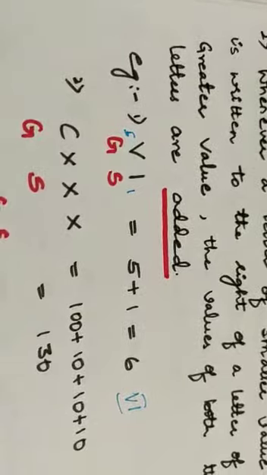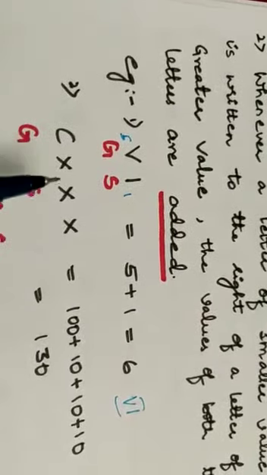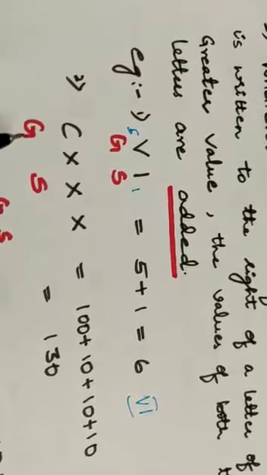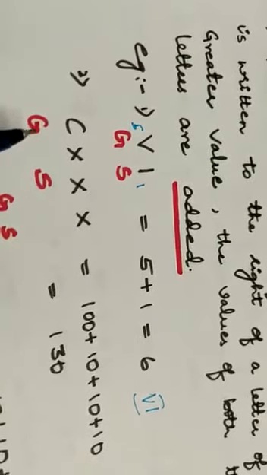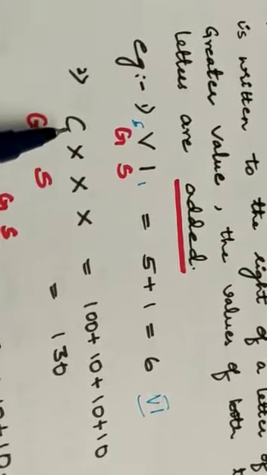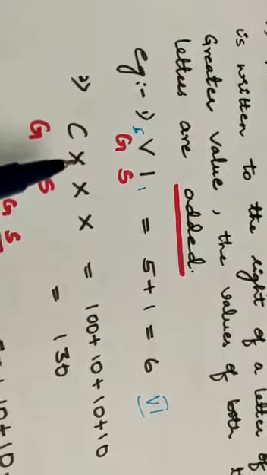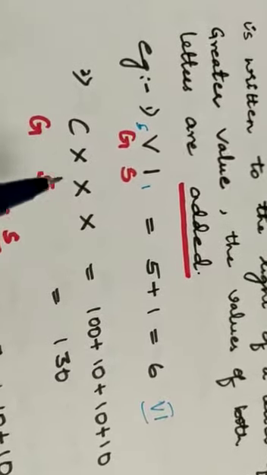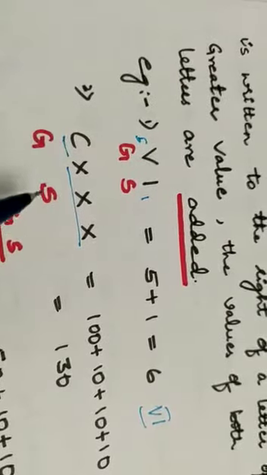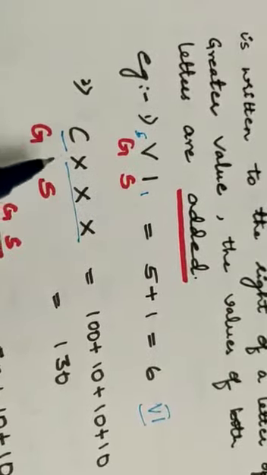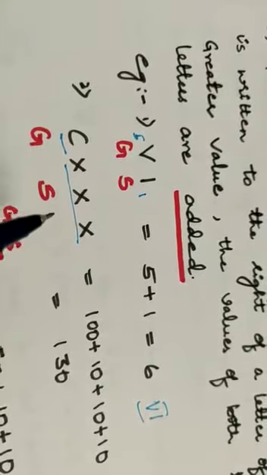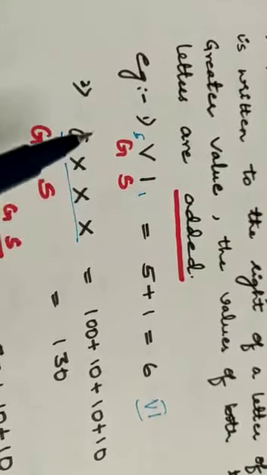Now what is the second example? C X X X. What is C? C is the greater value. What is the numeric value of C? 100. What is the numeric value of each X? 10 only. These are all smaller. This is greater. So what does the rule say here? Whenever the smaller value comes on the right side of the greater value, the values must be added.